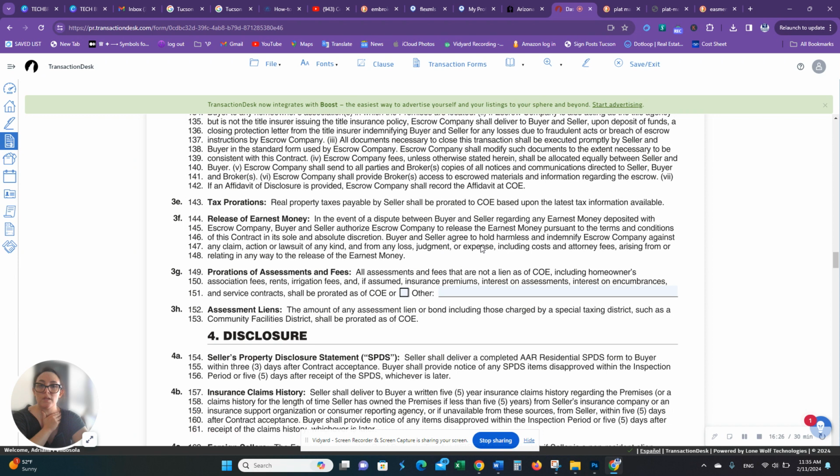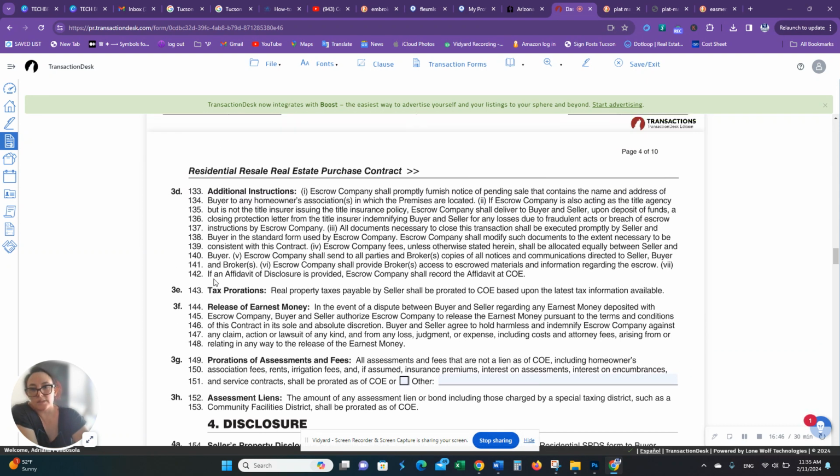Okay, so buyer and seller agree to hold harmless and indemnify escrow company against any claim, action, or lawsuit of any kind, and from any loss, judgment, or expense, including costs and attorney fees arising from or relating in any way to the release of the earnest money. Okay. Again, in most of these sections, it's telling you to seek legal advice.